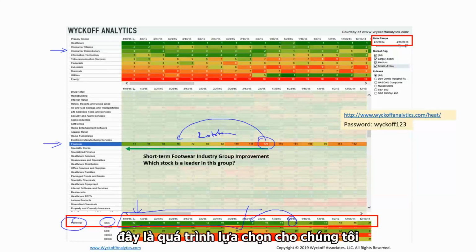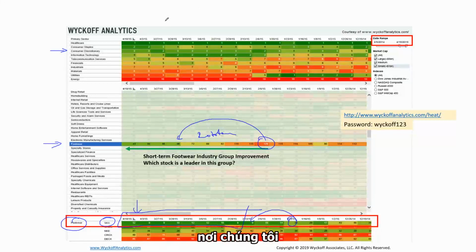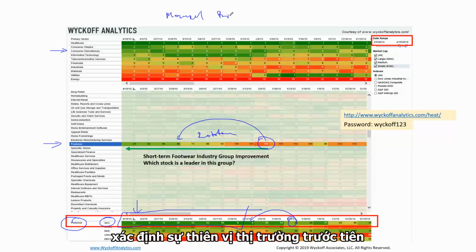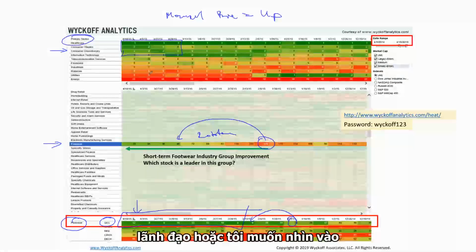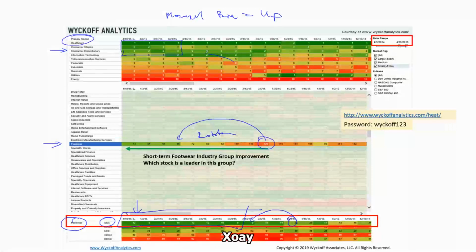So this is a selection process for us, where we identify the market bias first, then we go to the sector level and we say, yeah, I want to look either at the leadership or I want to look at the rotation.